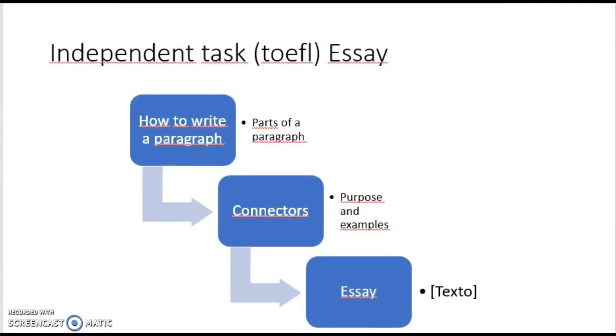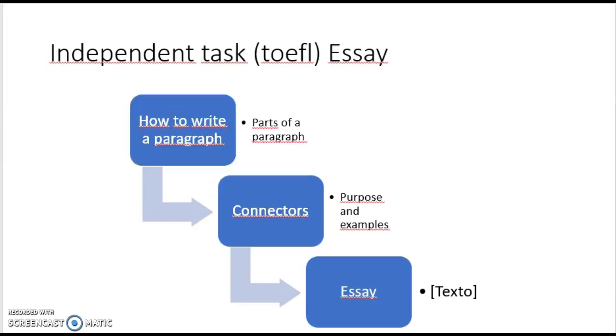Well, as we have seen so far, there are two different tasks to develop inside a TOEFL exam, but we want to go deeper into the independent task. That means that we are going to explain three parts of how to be successful in an essay.